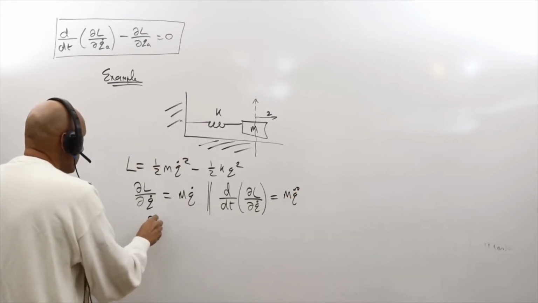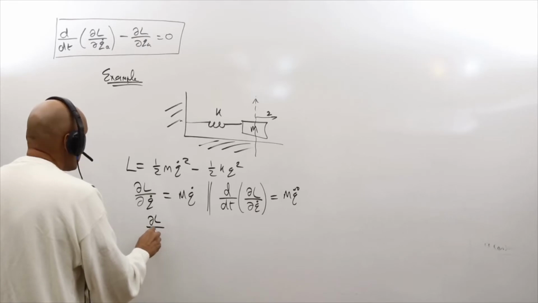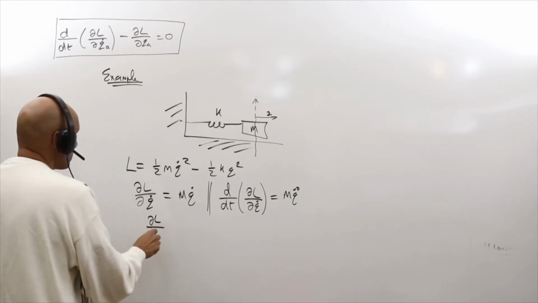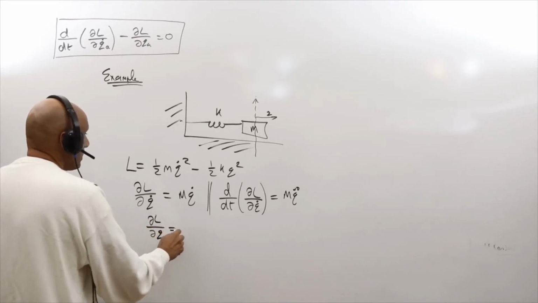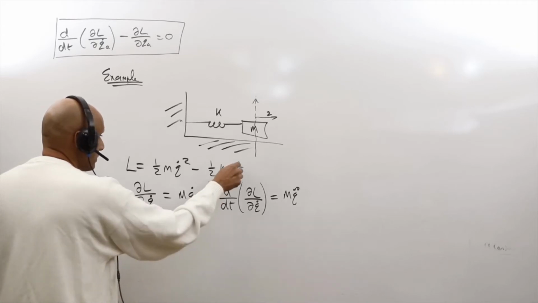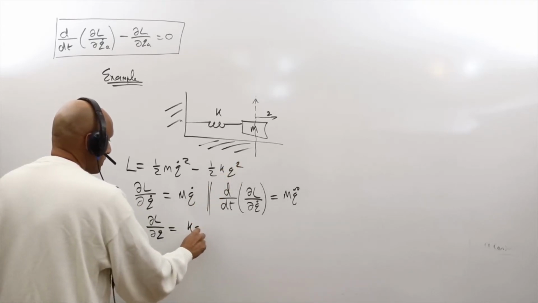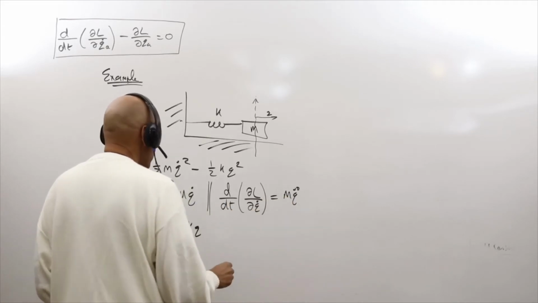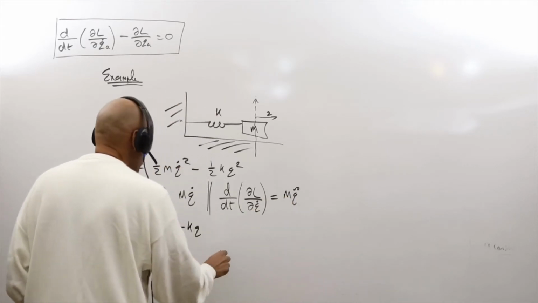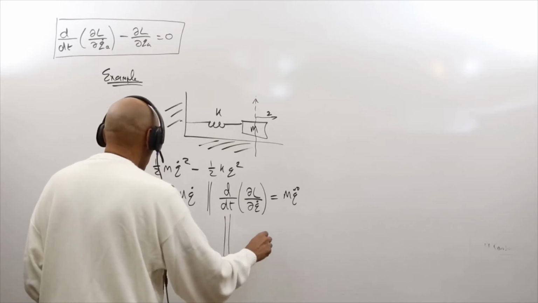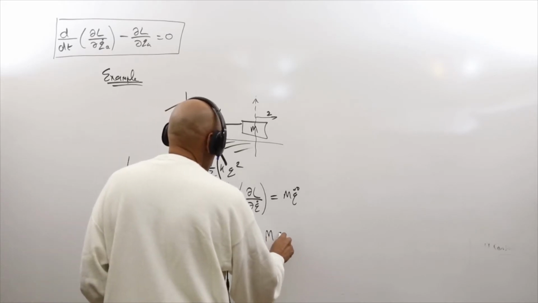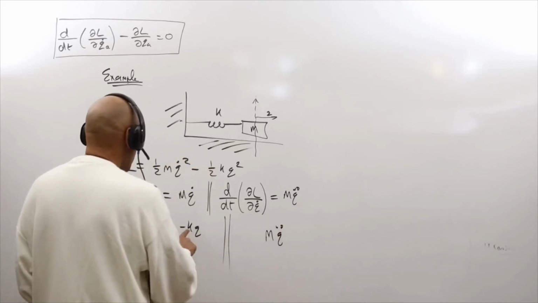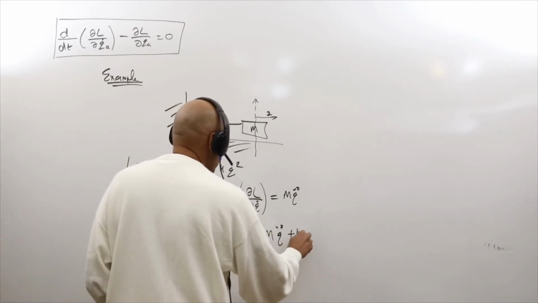Now we're going to repeat the process for the partial of the Lagrangian with respect to q. If you look, the 2 comes down, and we get a kq. So this minus this is equal to the differential equation of motion. So we get m q double dot minus minus, which is plus kq.